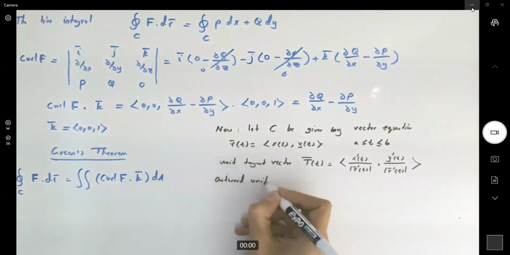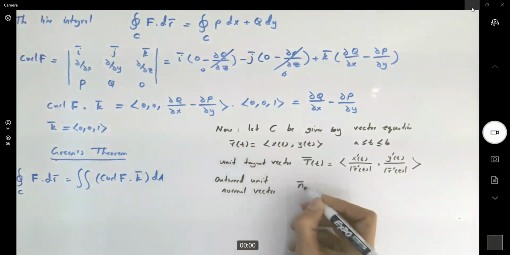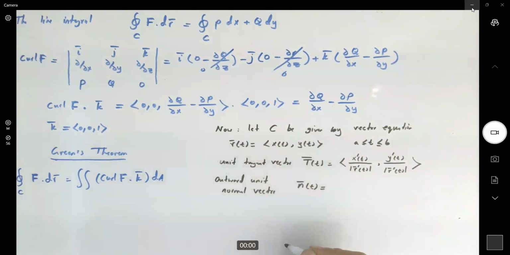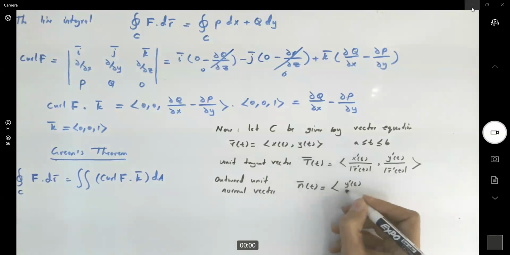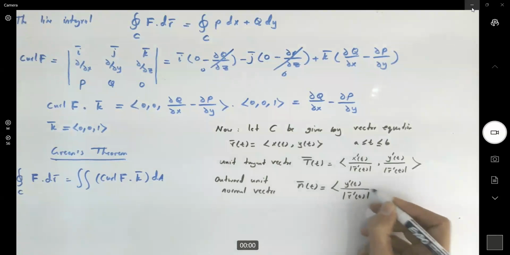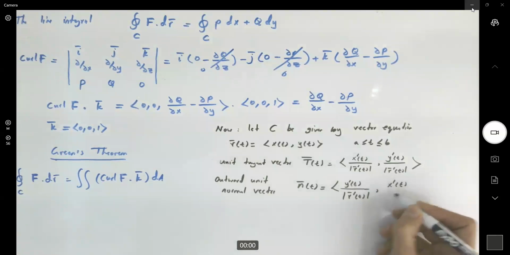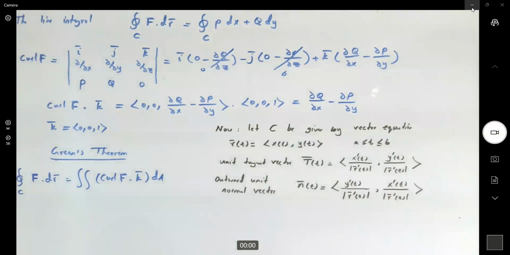Outward unit normal vector n of t, which is equal to y prime of t divided by the magnitude of r prime and negative x prime of t divided by the magnitude of r prime. Very good. And it has a negative sign as well. Don't forget to put the negative sign.